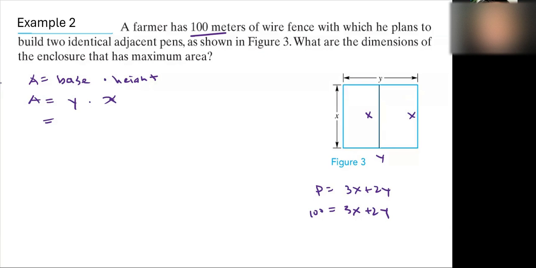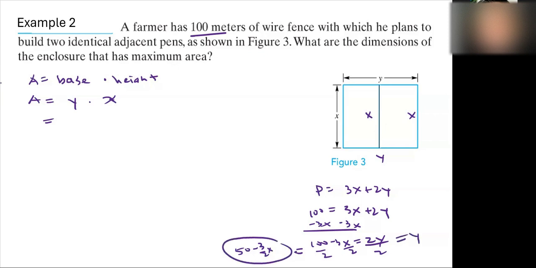So we're going to subtract 3x from both sides, and we get 100 minus 3x equals 2y. And then we're going to divide everything by 2. That's going to give us 50 minus 3 halves x equals y. So we found our y.